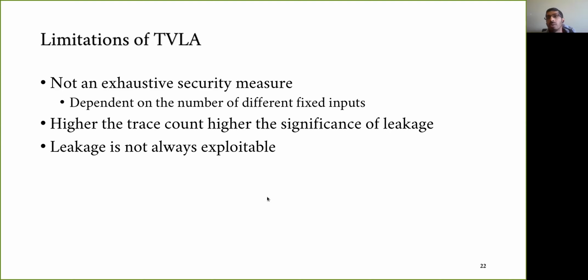It's because we only use random input, and we don't know what the connection between the input and the leakage is. There are other attacks, because you want to attack the secure device and take out the secrets. This is a statistical measure of leakage, so not every point is exploitable, but some points could be exploitable depending on other attacks.